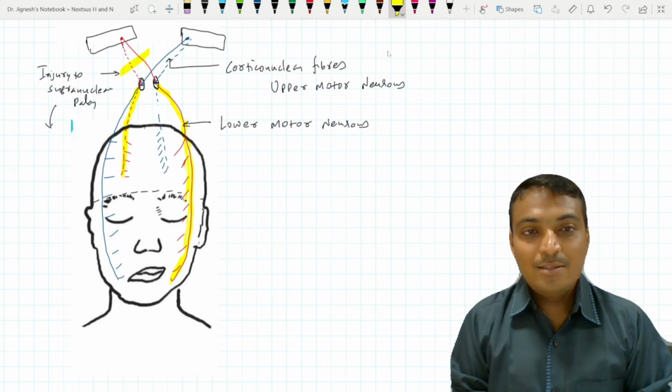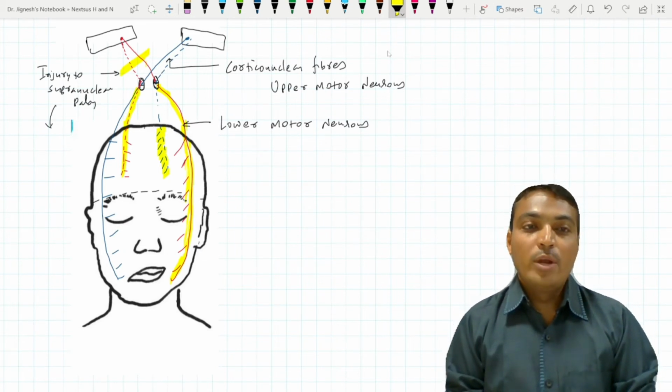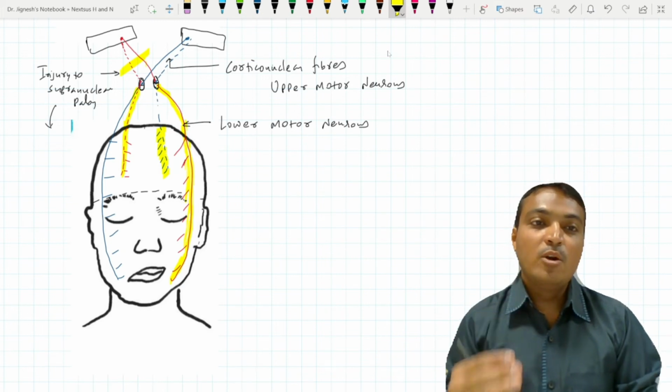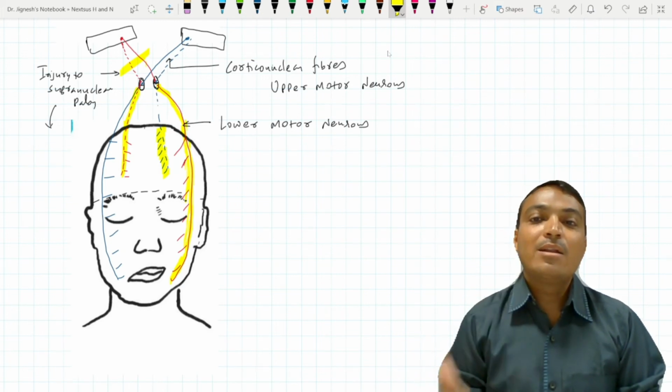But along with that, these fibers which are bluish in color, which are supplied by the right sided corticonuclear fibers, are preserved. So in case of the supranuclear palsy of the left side, only the lower half of the right side is affected.